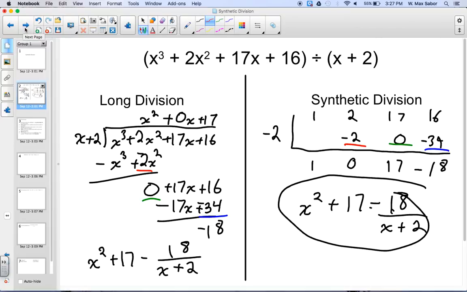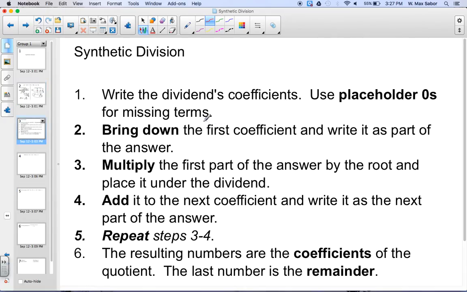So let's go through synthetic division. First, you write the dividend's coefficients, just the coefficients. Just as before, you're going to use placeholder zeros for missing terms. Bring down the first coefficient and write it as part of the answer.